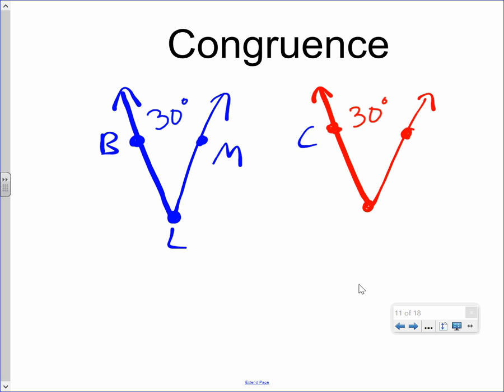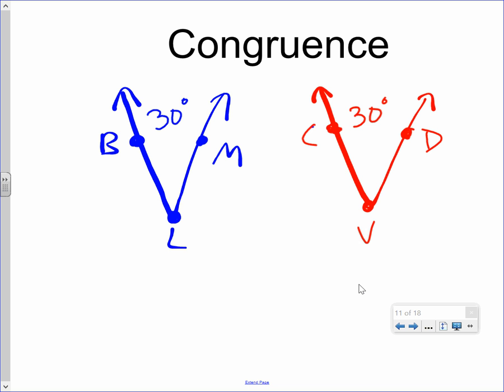Put it red actually. I already have a B. V for Vargas. And I already have an M for, let's see, De Santiago. So I have angle BLM and angle CVD.